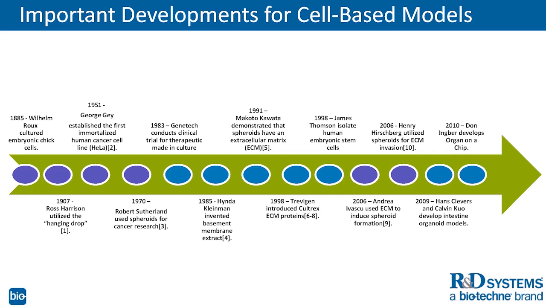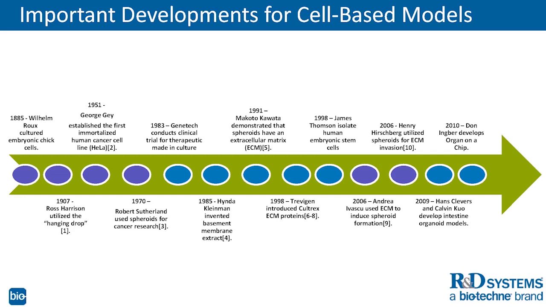Then in 1907, Ross Harrison first utilized the hanging drop to culture embryonic frog neural tubes. This same model was used many years later to establish spheroid cultures, so it's relevant to what we're talking about here. It's essentially a drop that hangs from an inverted microscope slide or plate where the cells can only adhere to each other. This allows the cells to self-organize without the interference of an adhesive surface.